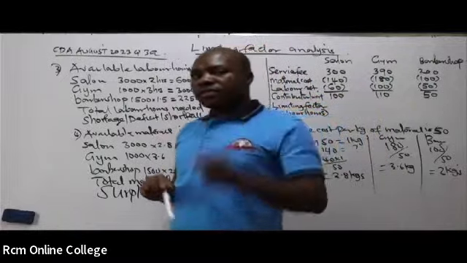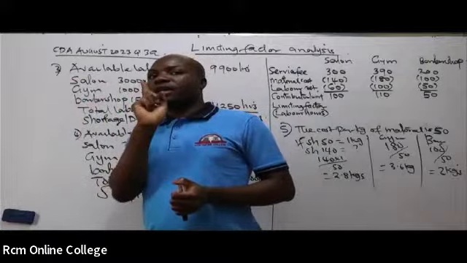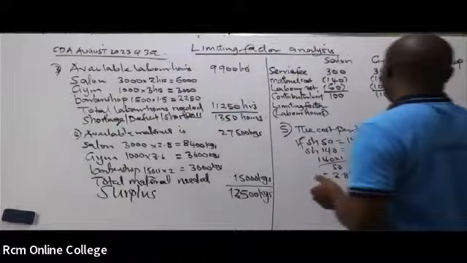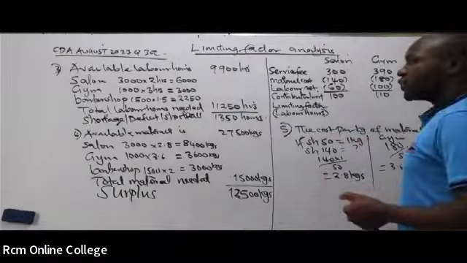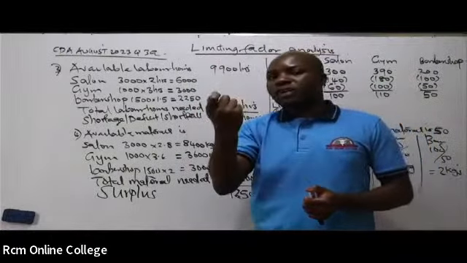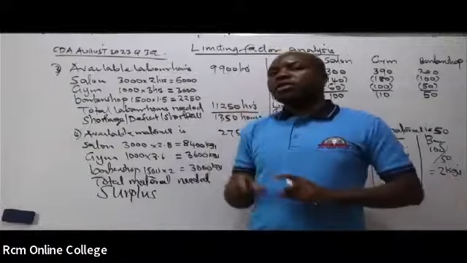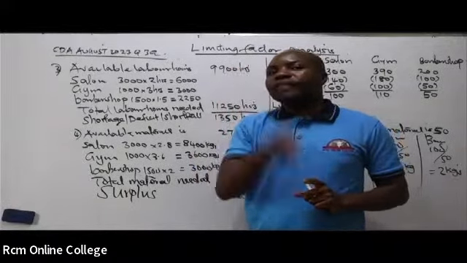Information number 5, the cost per kg of raw material is 50 shillings. Question number 1, define limiting factor. We were able to define, right? Roman 2, identify the limiting factor.